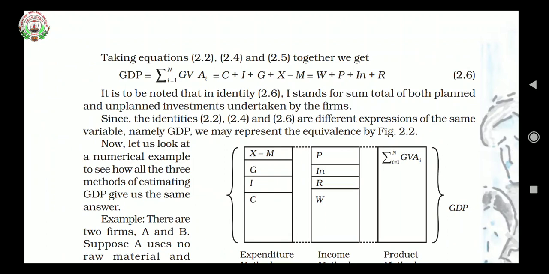Now whose income are we learning here? Income generated by all the households, production sector, government sector and the export sector together, we are concluding here and calculating the GDP. Taking equations 2.2, 2.4 and 2.5 together, we get GDP equals the sum total of gross value added, equals C plus I plus G plus X minus M. C is consumption expenditure, I is investment expenditure, G is government expenditure, X is export, minus M, that is import.